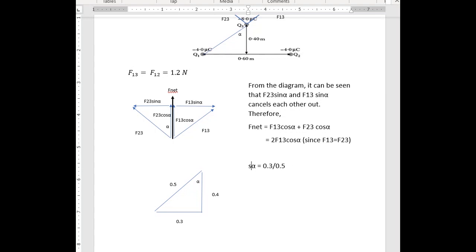And let's just use cosine. Cosine alpha is equal to 0.4 over 0.5. Substitute that into the F net.